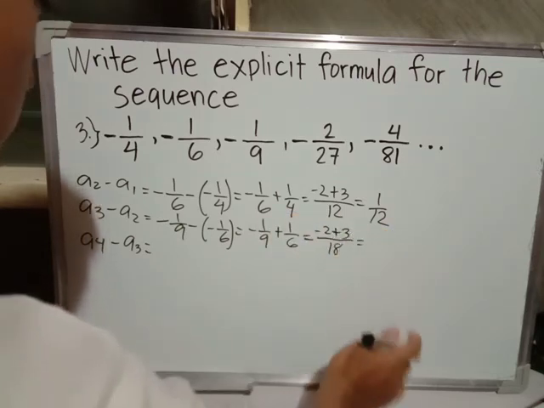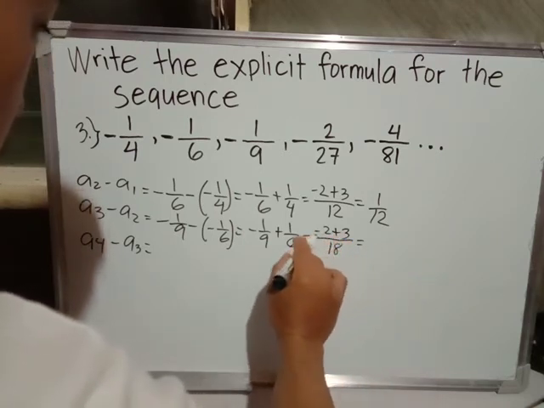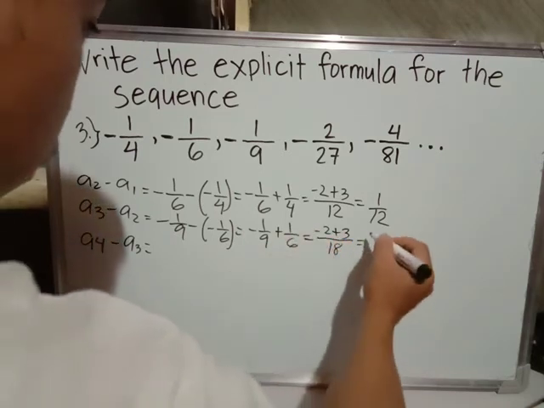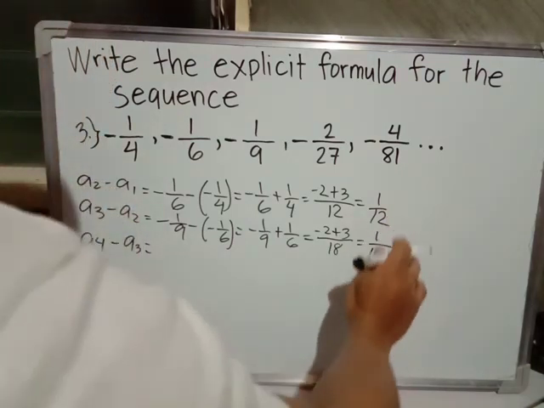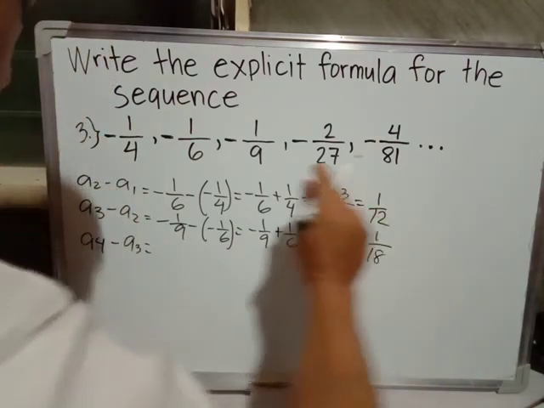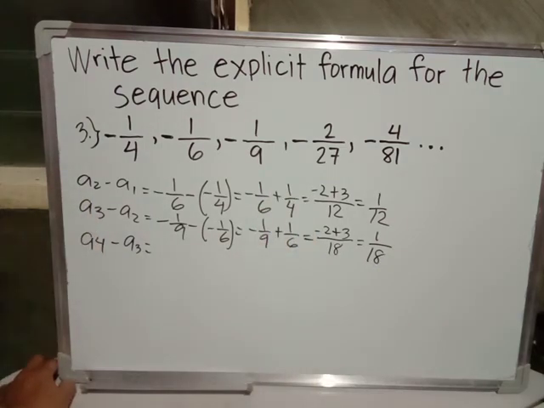So, negative 2 plus 3 is 1/18. With just this, we already know that the common difference is not constant.